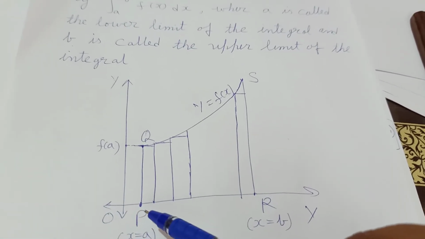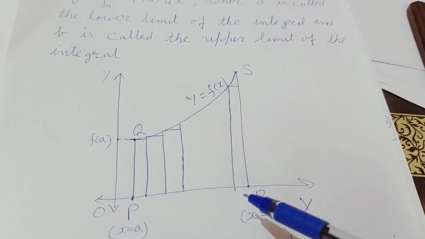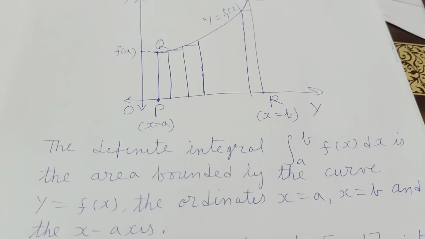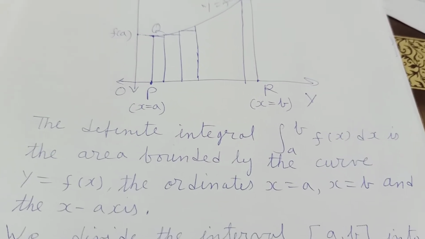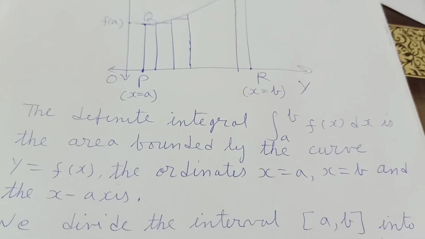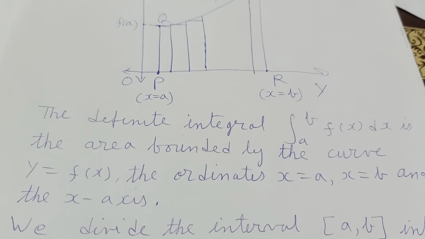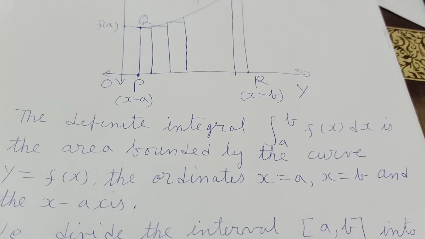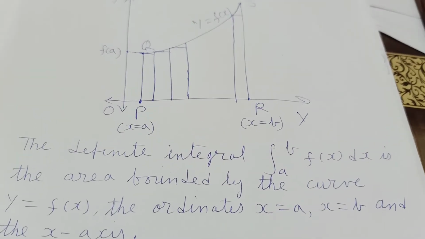That is the area of region PQRS. Then the definite integral from a to b of f(x) dx is the area bounded by the curve y equal to f(x), the ordinates x equal to a, x equal to b, and the x-axis. That means this definite integral is the area of region PQRS.